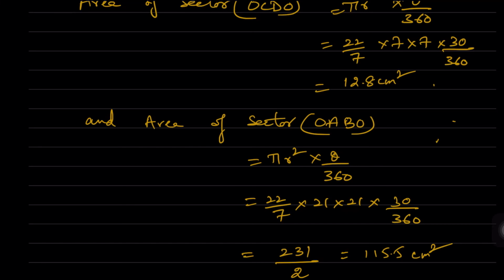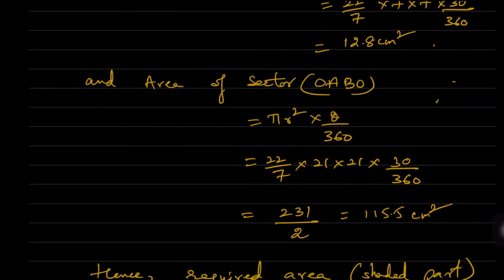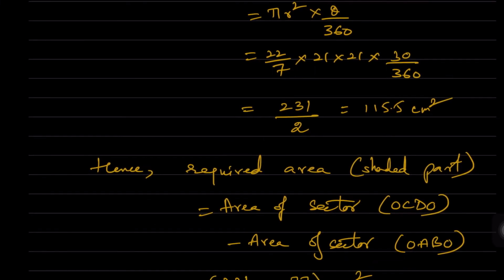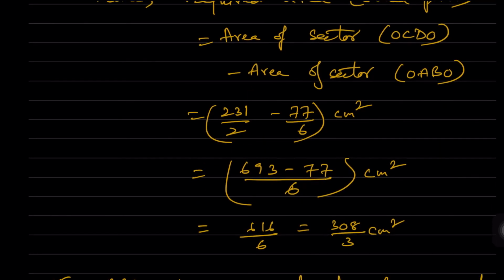So required area of the shaded part is equal to area of sector OABO minus area of sector OCDO, which is equal to 308 by 3 centimeter square. Or 115.5 minus 12.8. So you are getting 102.6 centimeter square.